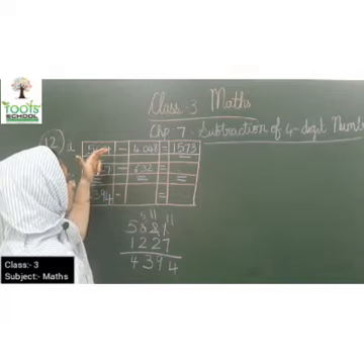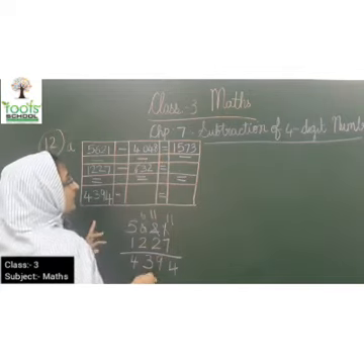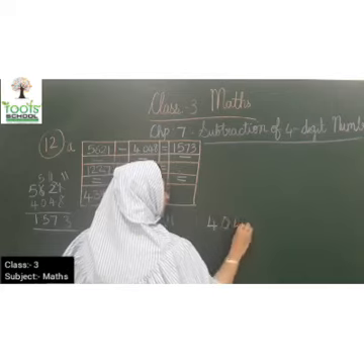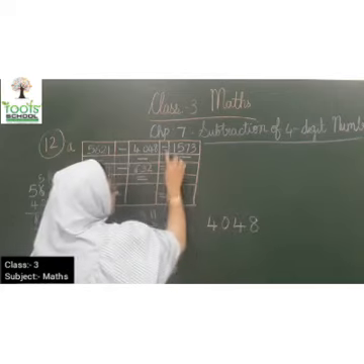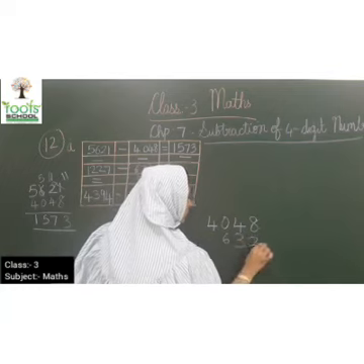Okay. Now kids, we got this answer. Now we have to solve this one. What is the minuend? It is 4048. What is the subtrahend? It is 632.